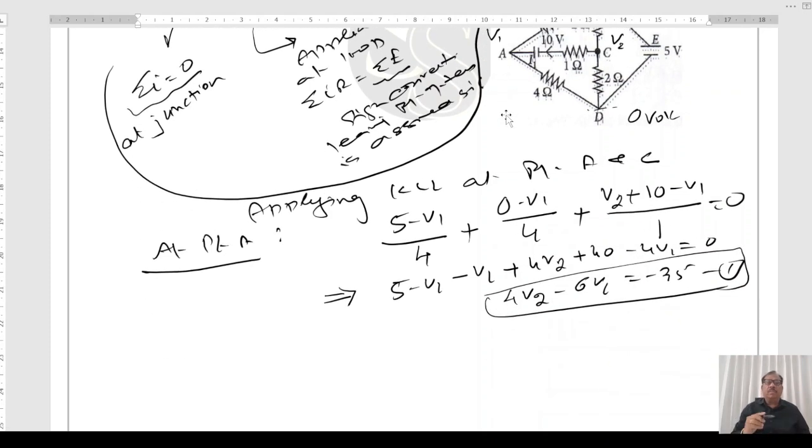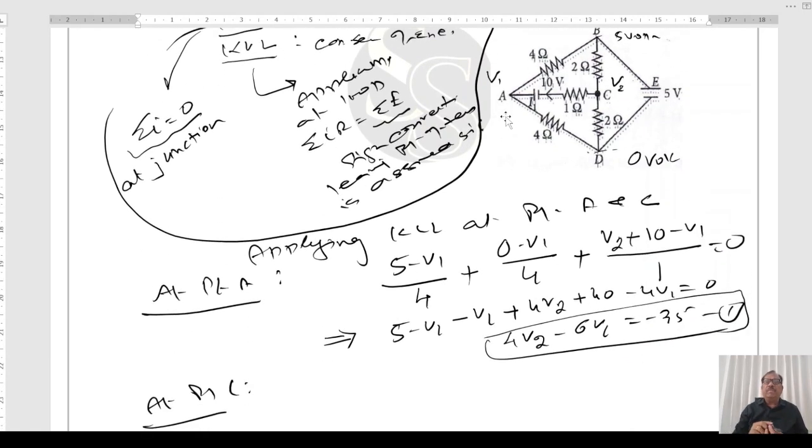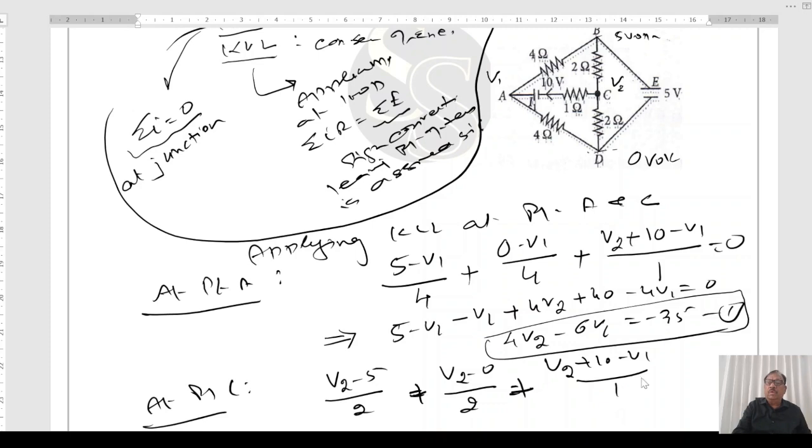Now applying KCL at point C. At point C: V2 minus 5 upon 2, plus V2 minus 0 upon 2, plus V2 plus 10 minus V1 upon 1, equal to 0, right?